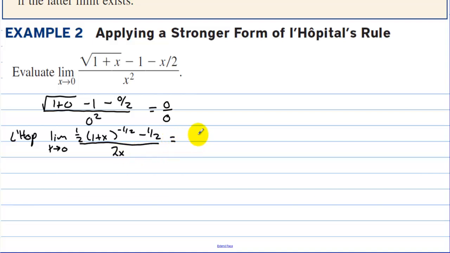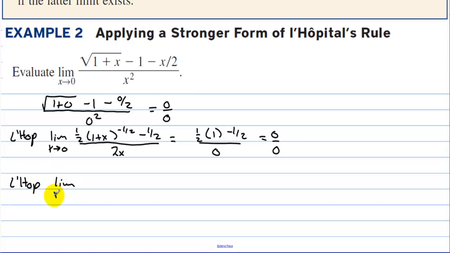If we plug 0 into this, we get 1/2 times 1 to the negative 1/2 when we plug 0 in. That's just 1. So we have 1 and then minus 1/2 over 2 times 0. That's equal to 0 over 0. We still have an indeterminate form, which means the stronger case says we can do L'Hopital's rule again.